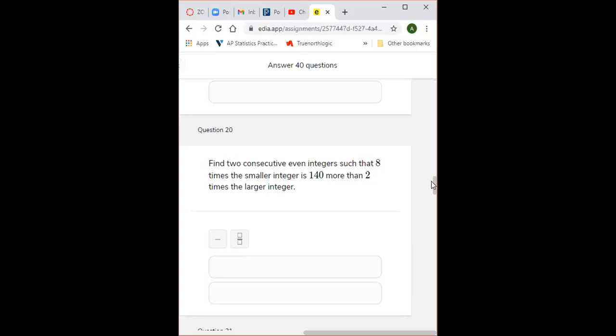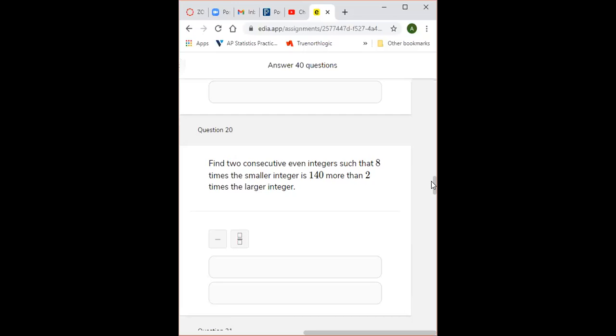So 8 times the smaller is x, is 140 more than, so 140 plus 2 times the largest one. The largest one was x plus 2. This is set up the same exact way. If you guys look at the other one, it's the same exact thing right there at the top.